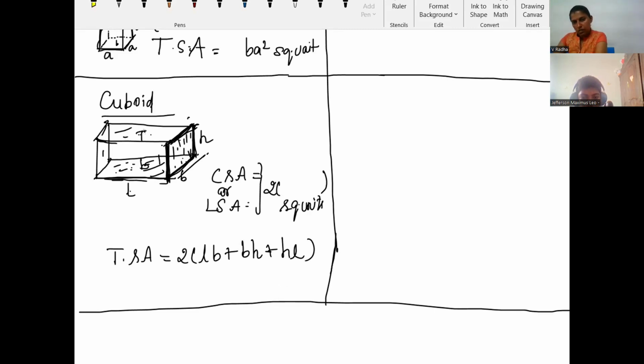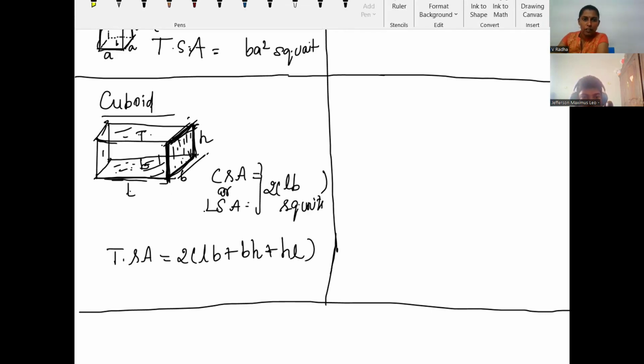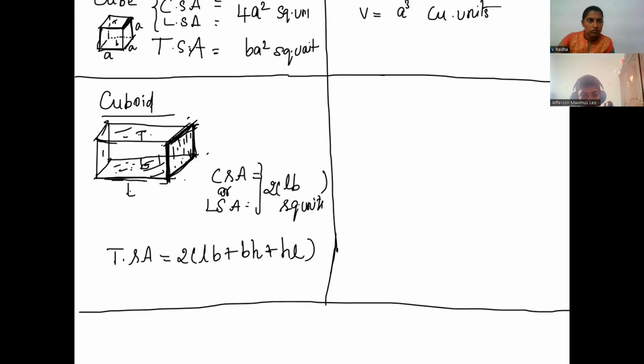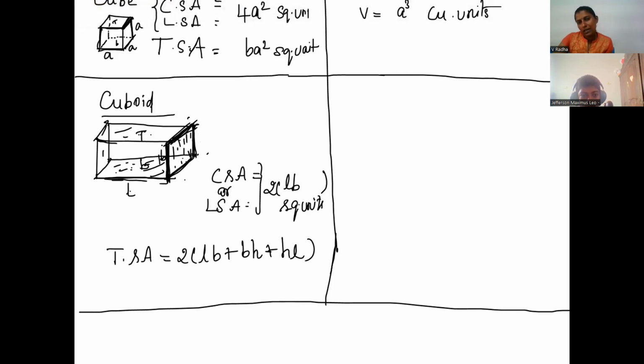The top has length and breadth, and the sides have breadth height and length height. The bottom is LB, correct?